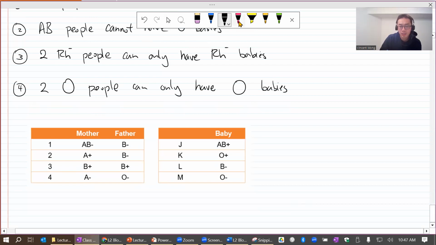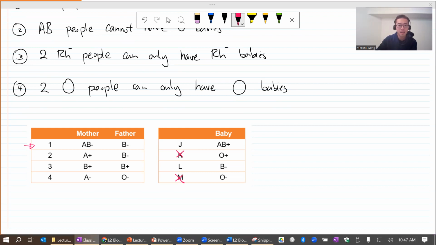I like to start with parents where one of them is AB, or one of them is O. For example, let's look at the first couple. The mother is AB. So automatically, I know these are not her babies, right? Why? Because AB people cannot have O babies.